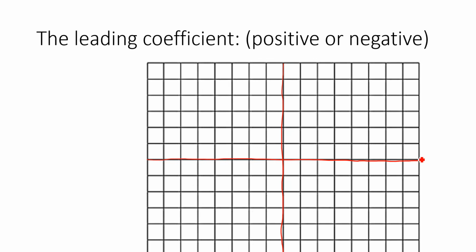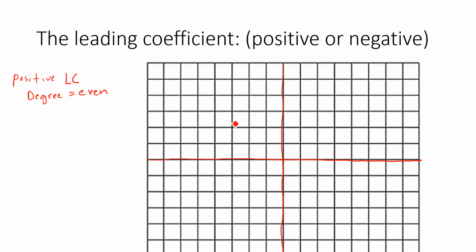Okay, so I'm going to show you examples of what a positive leading coefficient is going to do to a graph with a degree that's even. Positive leading coefficient, degree is even. I'm going to say LC, degree equals even.